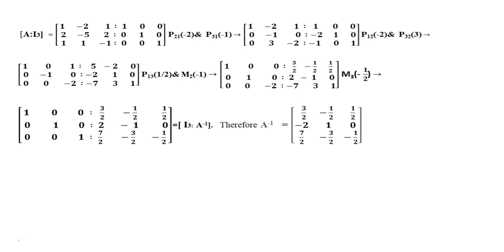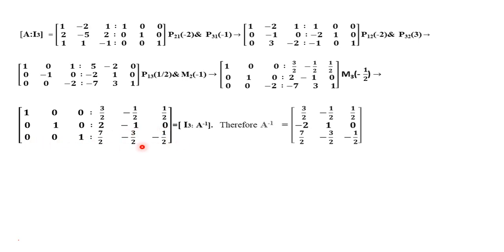So we get the new matrix as 1 0 0, 3 by 2 minus 1 by 2 1 by 2, 0 1 0 2 minus 1 0, 0 0 1. This is obtained by multiplying by minus 1 by 2. Here we multiplied, so we get plus 1. Multiplying minus 7 with minus 1 by 2, we get 7 by 2. Multiplying 3 with minus 1 by 2, we get minus 3 by 2. And 1 into minus 1 by 2 is minus 1 by 2.